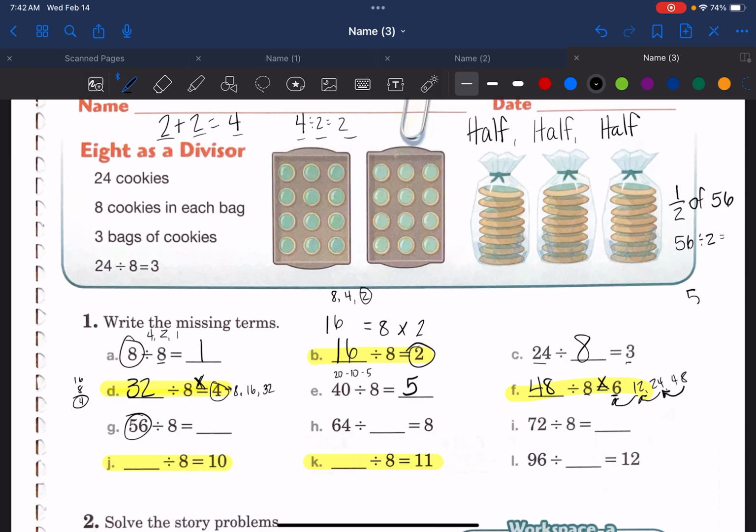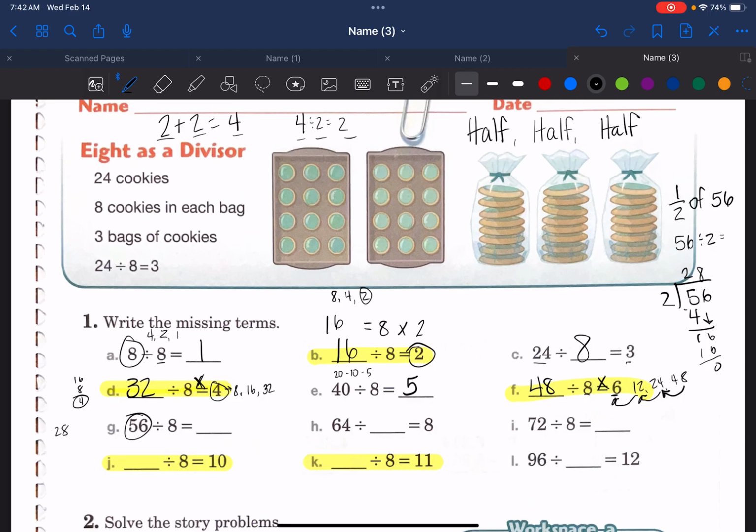So you can write 56 divide by 2 and then solve it as a long division. Like 2 goes into 5 2 times, because that's 4. I have 1 left. Bring down my 6. So 28. So half of 56 is 28.